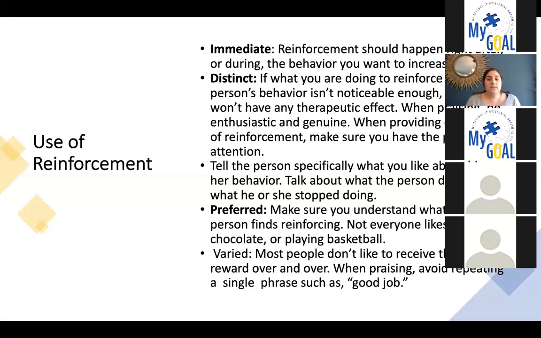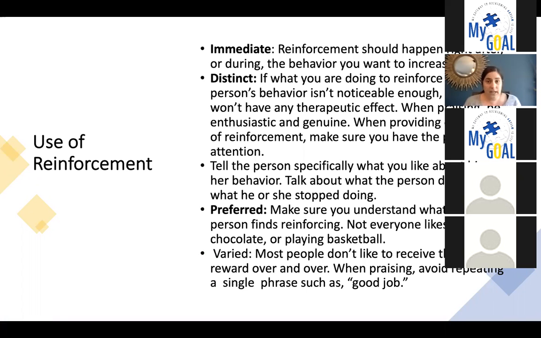What do you specifically like about that behavior? I love how you got dressed so quickly and came down to breakfast without me having to ask you more than once. They know exactly what you are reinforcing, exactly what behavior you're proud of, and what behavior you want to see again.